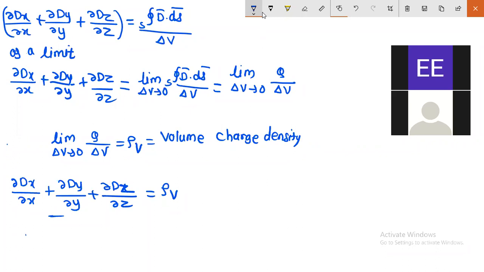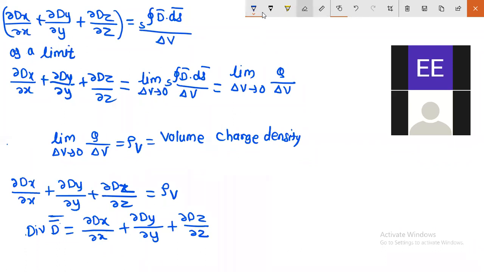So I can write this as the divergence of this vector D bar, which is equal to this quantity, and it is written as a single bar only, remember. It is nothing but del dot D bar.